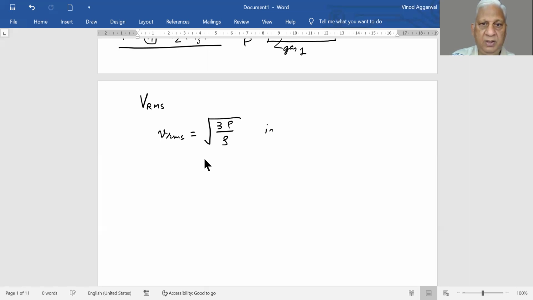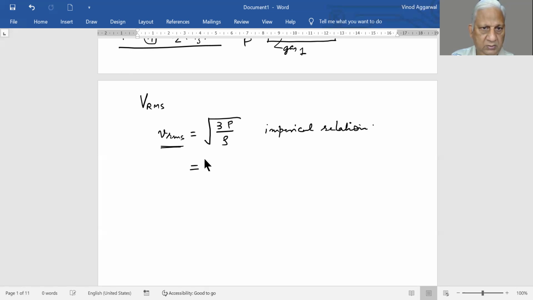This is found empirically. Most of the relationships in gas laws are empirical. It is also equal to... VRMS can be written in many forms.